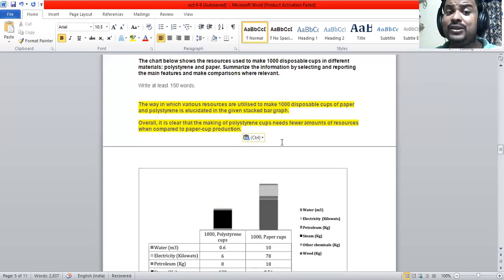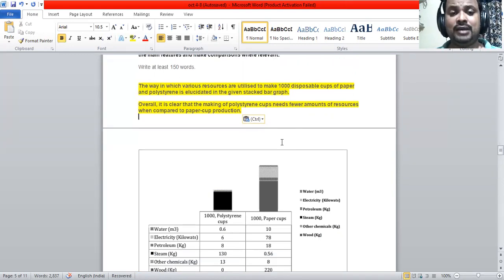So what is shown in the picture is the proportion, the way in which each resource is used to make 1,000 disposable cups of paper and polystyrene. Clear?